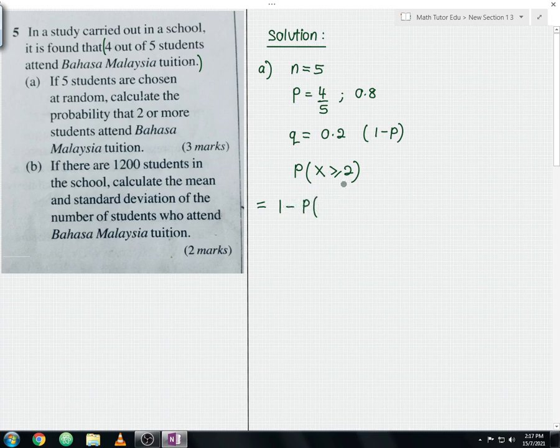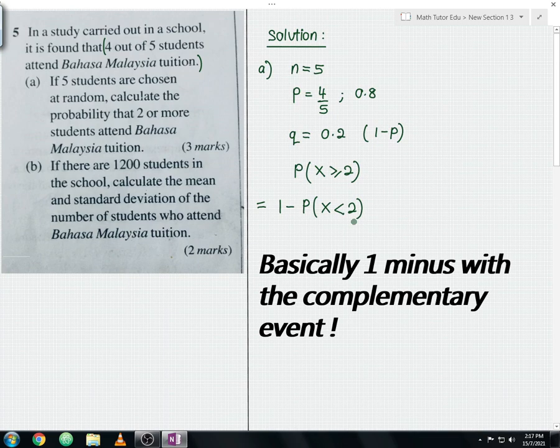You start with the numbers other than 2. Since in this case X is more than or equal to 2, you write here probability X less than 2. I hope you understand the concept over here, guys.